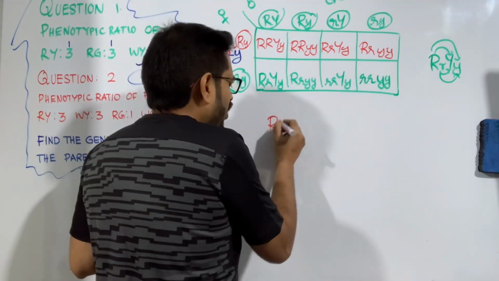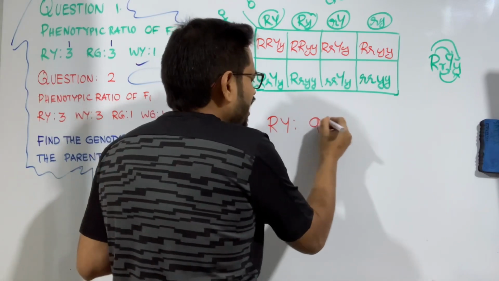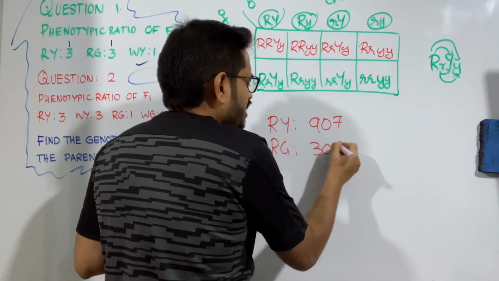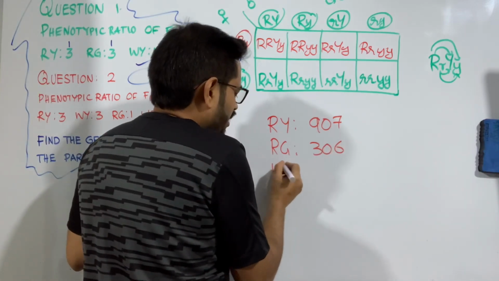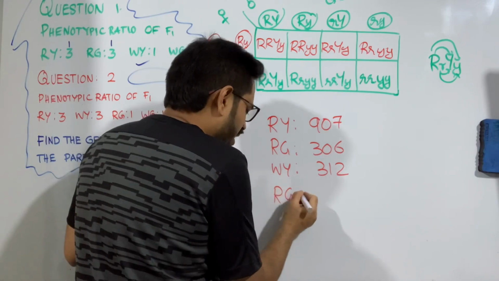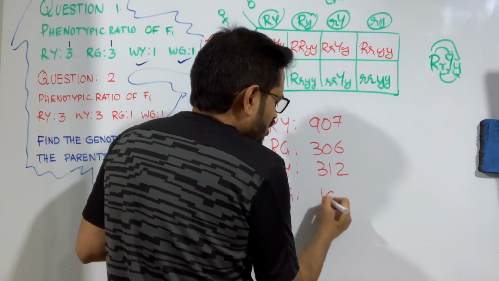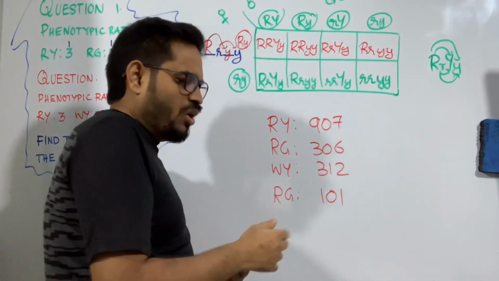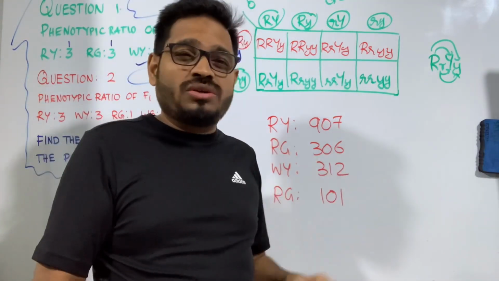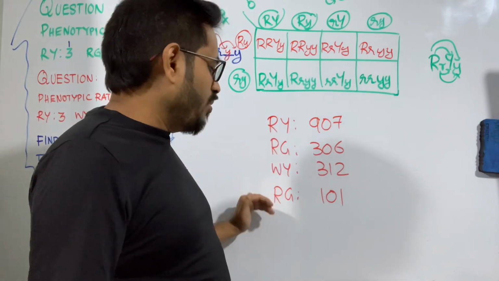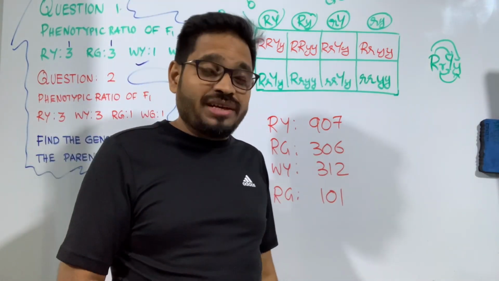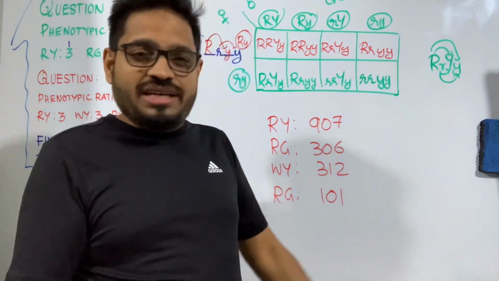Cross: round yellow 907, round green 306, wrinkled yellow 312, and wrinkled green around 101. So now what is the question? After giving you these numbers, find out what is the genotype of these offspring's parent. The parent's genotype we are supposed to find out. It's a very simple question, guys.